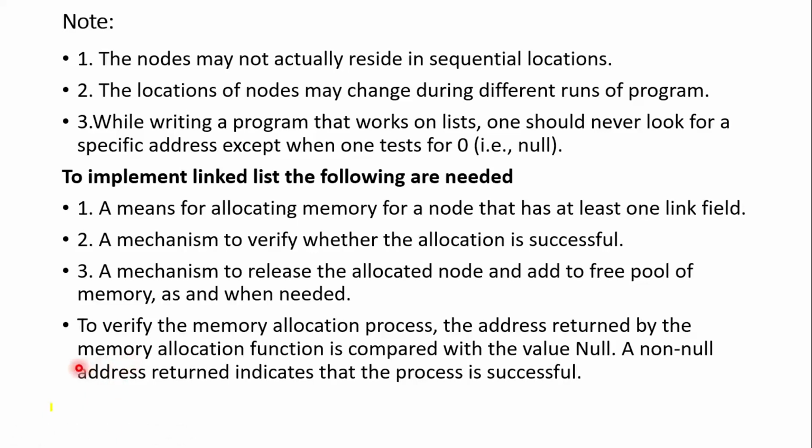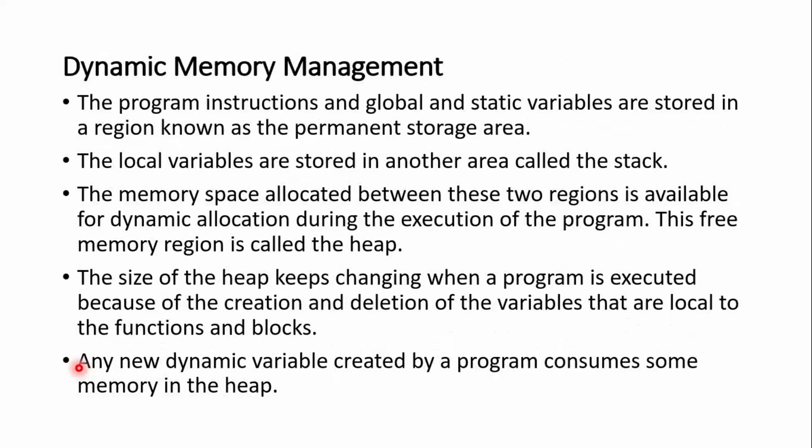So whenever the memory allocation function allocates memory, if it returns a null value, then it is the end, or memory allocation is not done. If it is returning a non-null value, that is nothing but an address, then the memory allocation is done properly and it is successful.